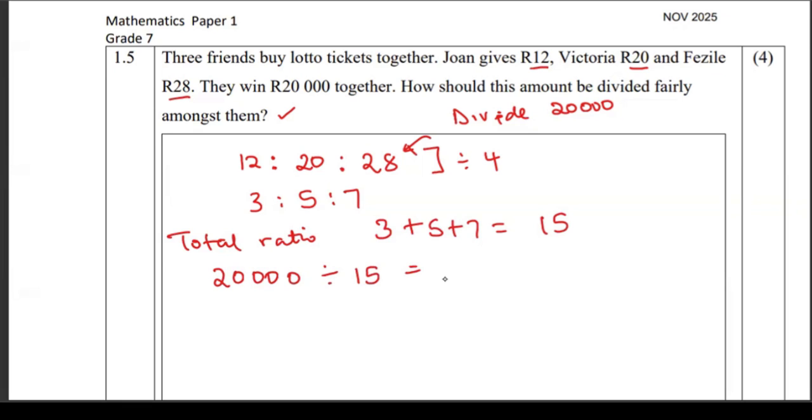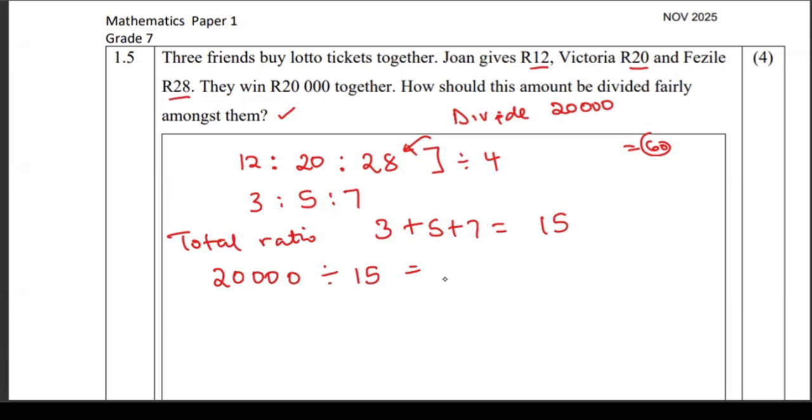If you still use the 12, the 20 and the 28, you still end up with the same answer: a total of 60. And then divide 20,000 by 60. So 20,000 divided by 15, I'm getting a very big number.